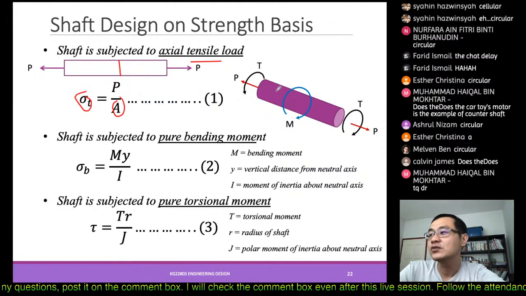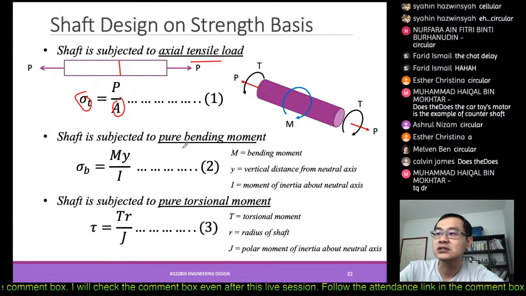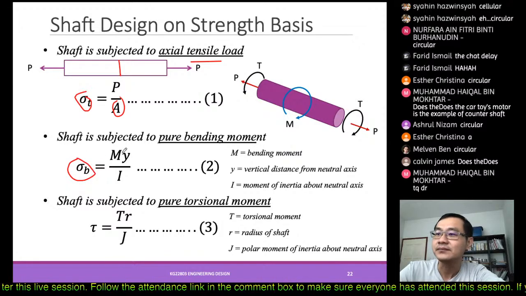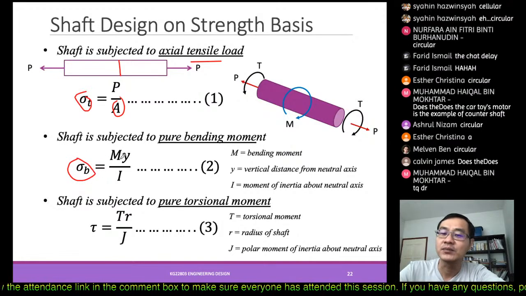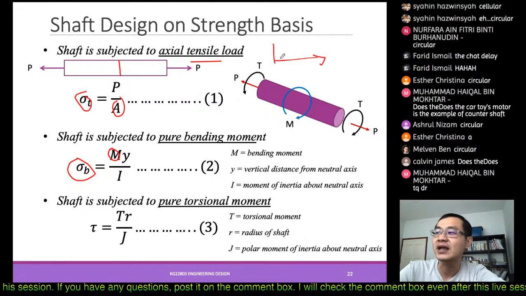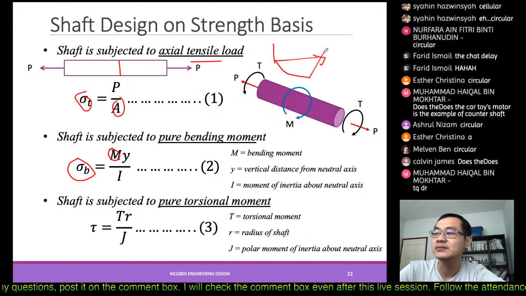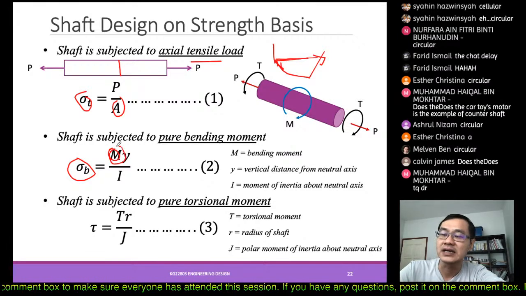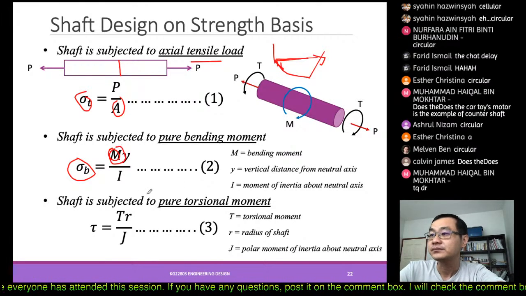Then when we look at the shaft purely due to the bending moment, we can calculate the stress due to bending, given by the formula My over I, where M is the bending moment. Just now we drew a bending diagram, and this moment has this value and keeps changing, so we will know the stress along the shaft changes due to this changing bending moment.